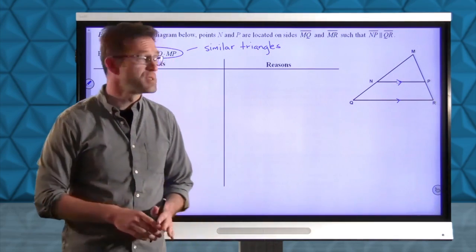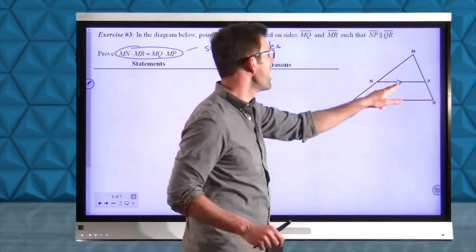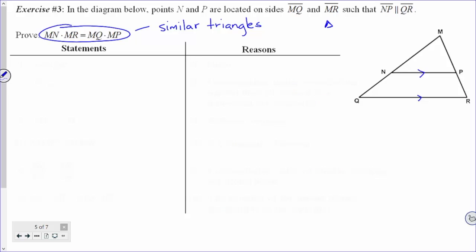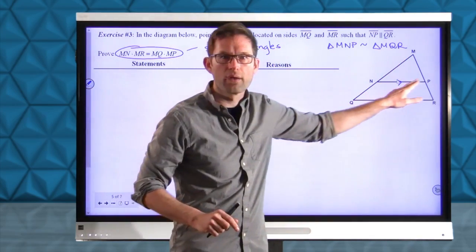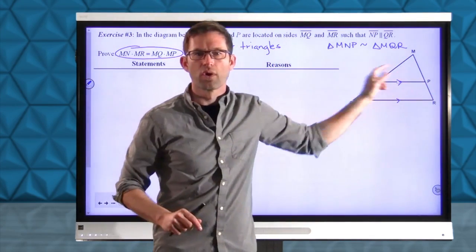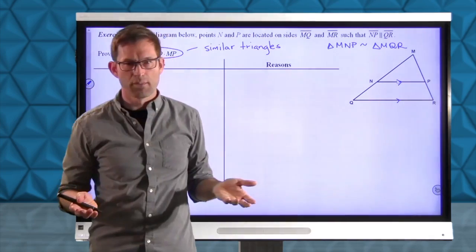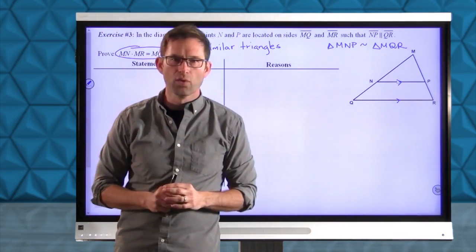Now the two triangles in this case are triangle MNP. So let's talk a little bit of strategy. We need to show that triangle MNP is similar to triangle MQR. So sort of the smaller triangle embedded in the larger triangle, those two triangles are similar. All right, that's what we have to do.